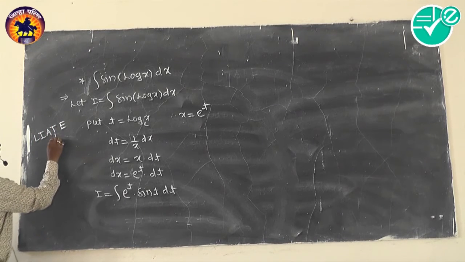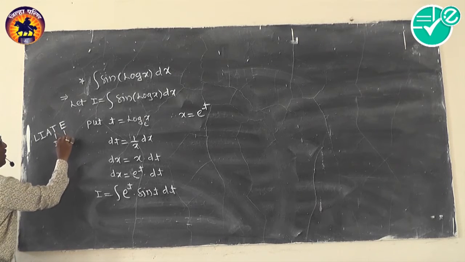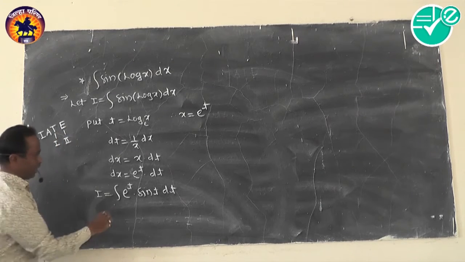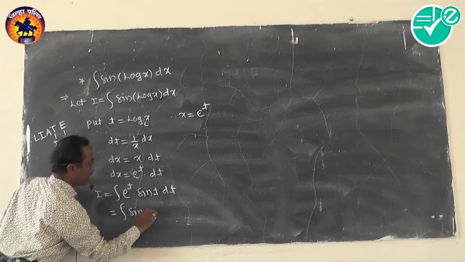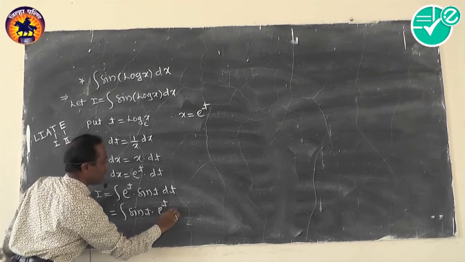So the first function is the trigonometric and second function is exponential. Therefore this can be written as integral of sin t into e raised to t dt.